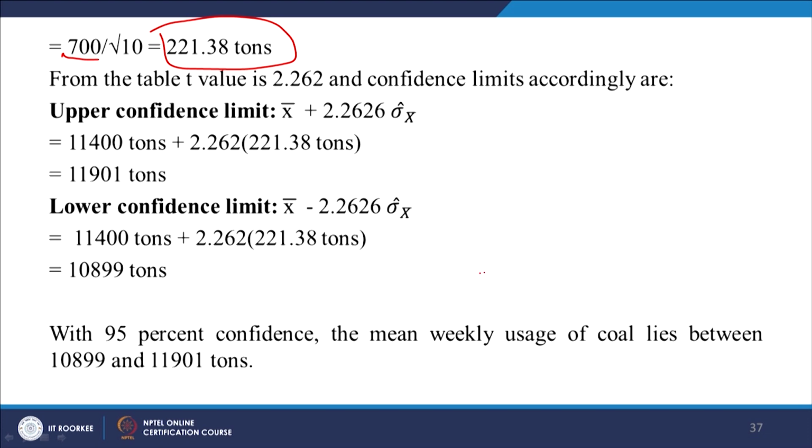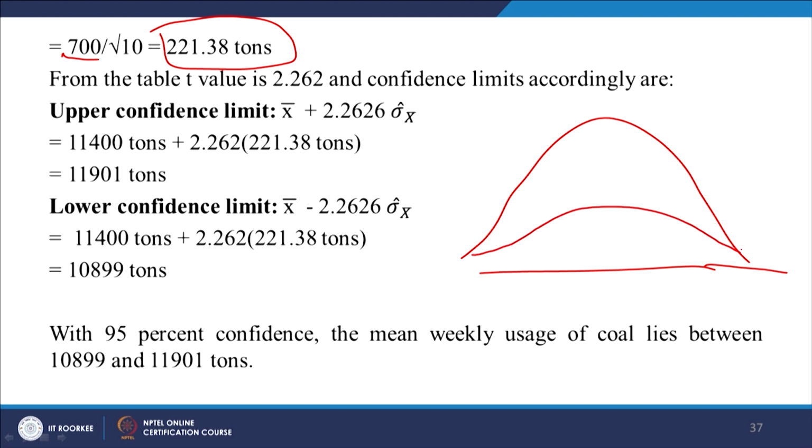From the T table, remember, between the T table and the Z table there is only one difference. The Z distribution is less flat, and the T distribution is flatter in comparison to the Z. This is the T, this is the Z. So, the only difference between T and Z is the flatness of the curve.